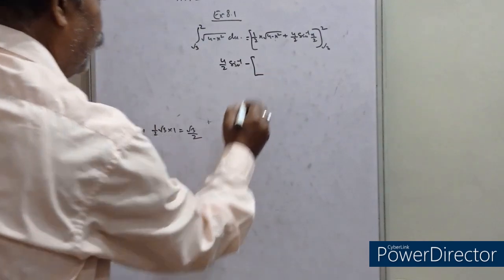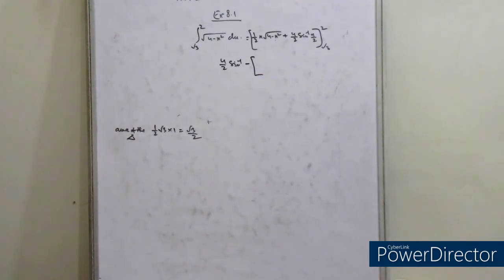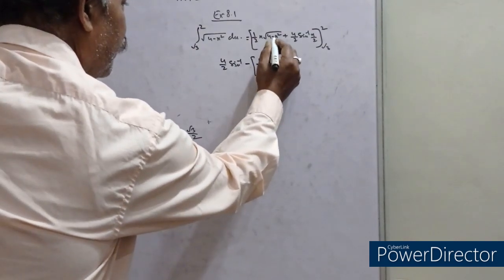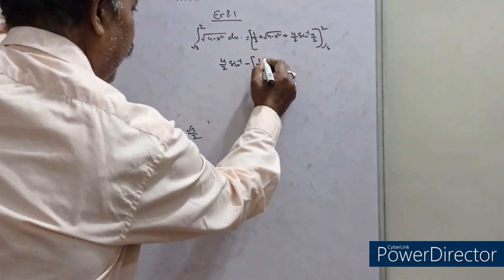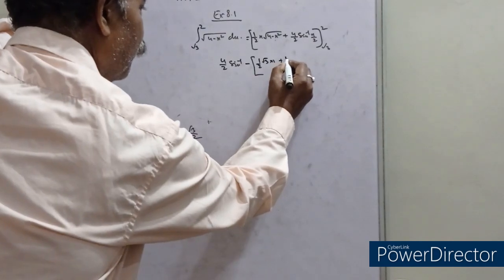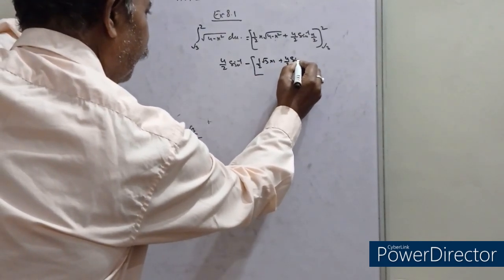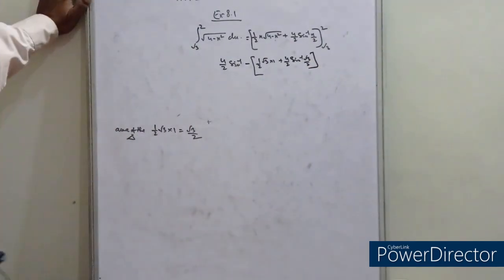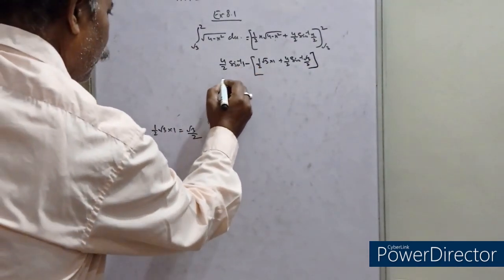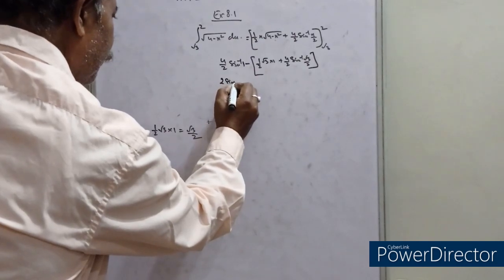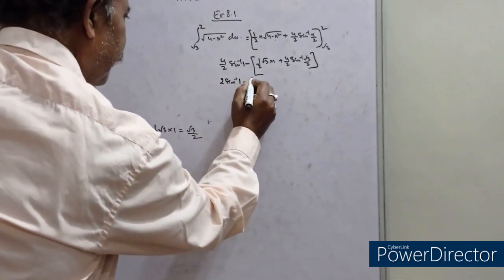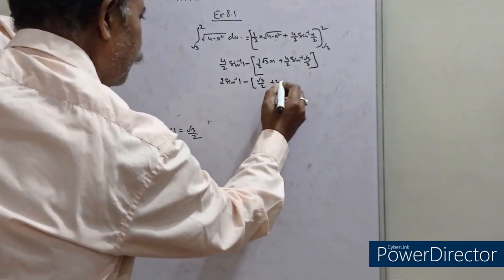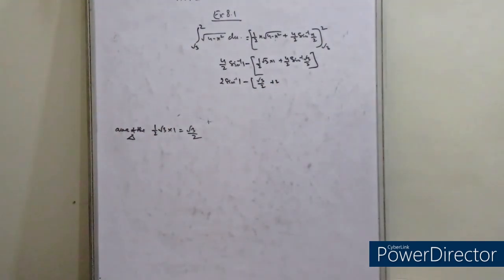If you place the lower limit, what do you find? Here you find 1 by 2 root 3, this is 1, and this is 4 by 2 sine inverse root 3 by 2. So this is 2 sine inverse 1 minus root 3 by 2 plus 2 sine inverse root 3 by 2.